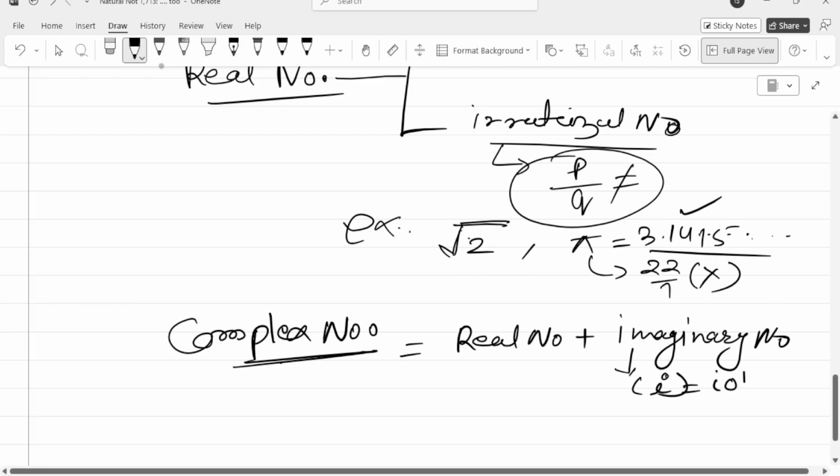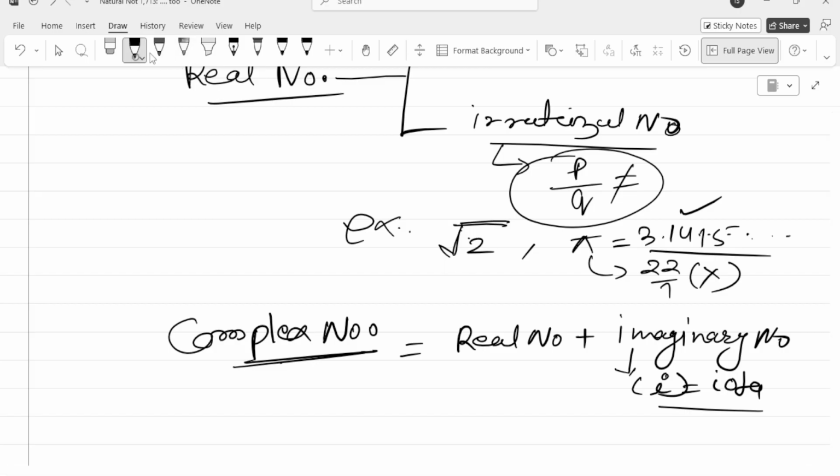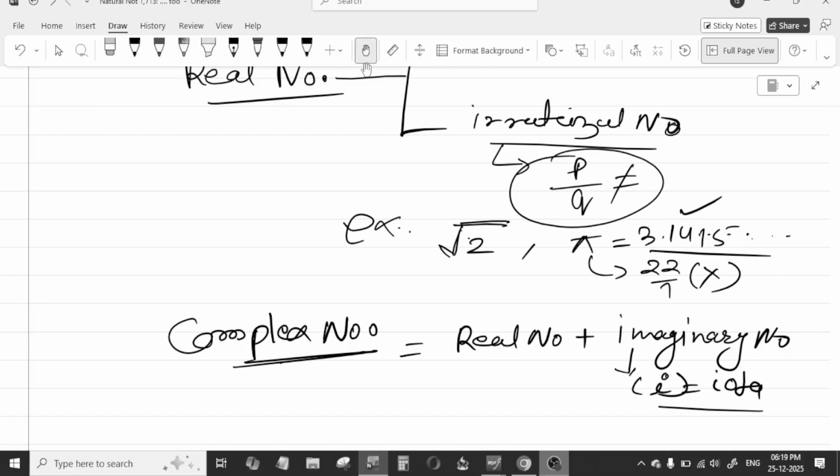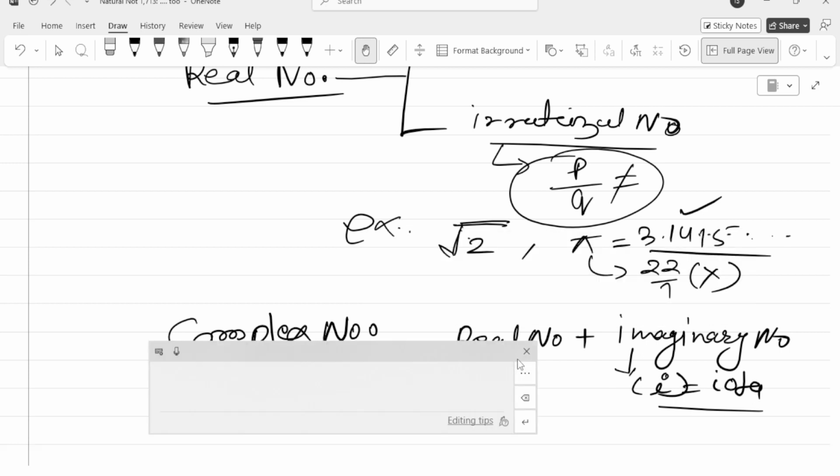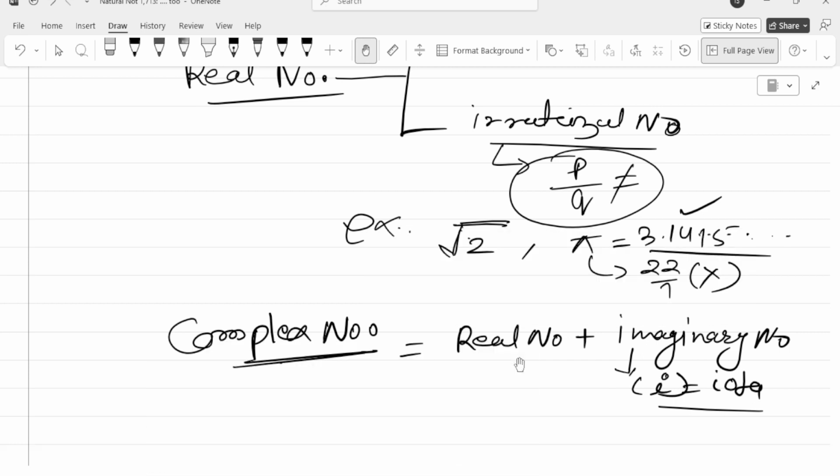How to denote iota, that we will discuss in class 11th. So I simply explained the types of numbers to you. All the details of what an imaginary number is, those topics I will definitely explain in detailed videos. First we complete today's chapter.